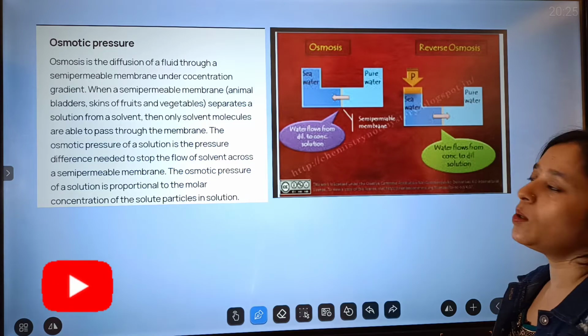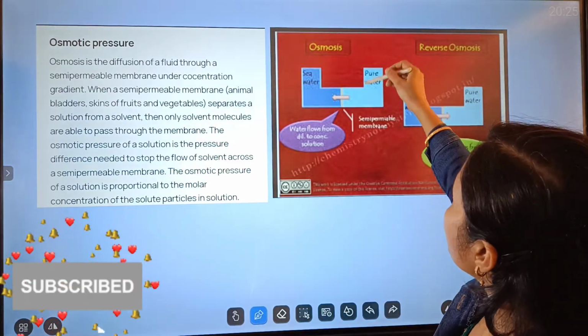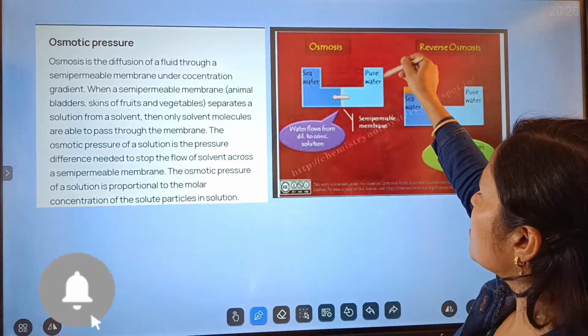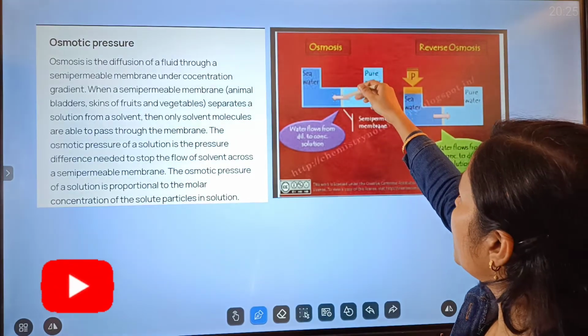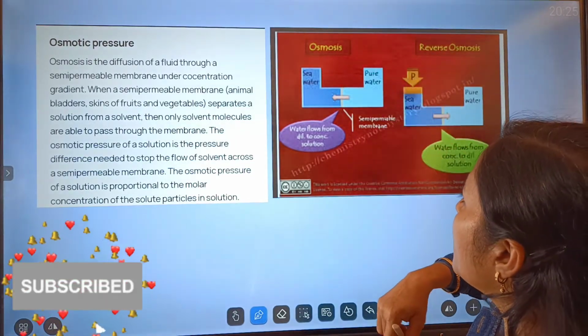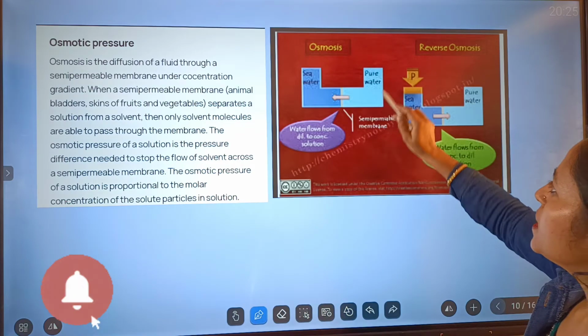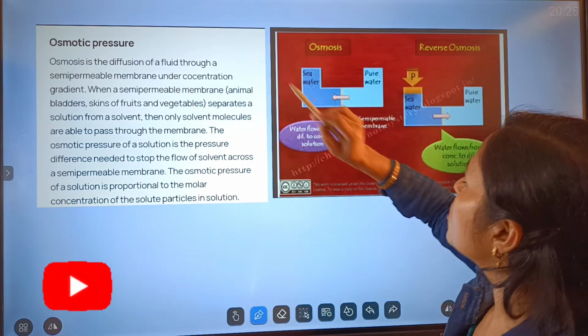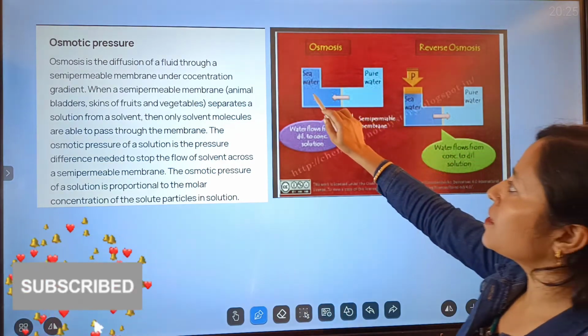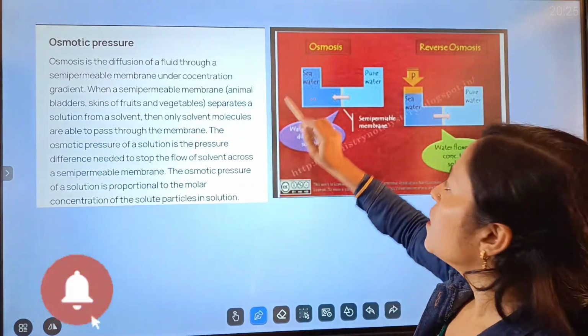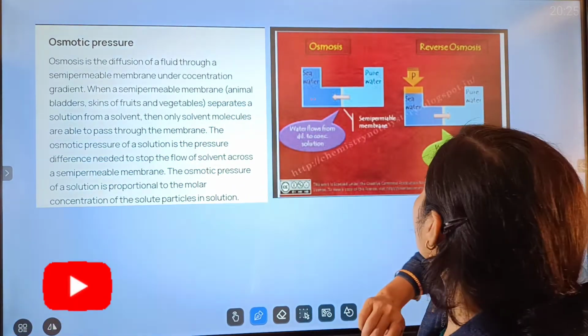Here you just look at this figure. Here you can see this is the process of osmosis. This is pure water and seawater separated by a semi-permeable membrane. Water flows from dilute to concentrated solution. This is pure water, but this is concentrated because it contains salt, that is solute particles.